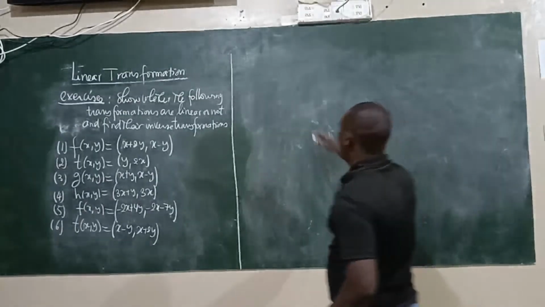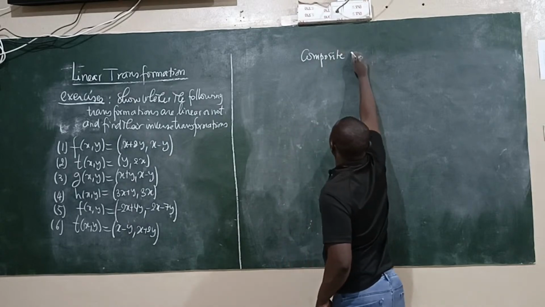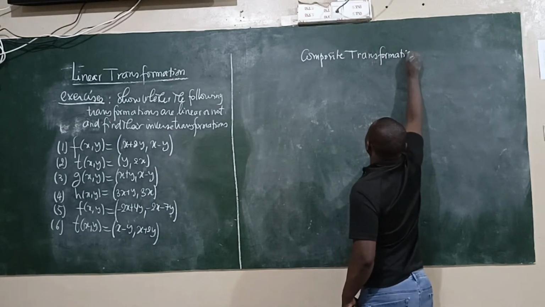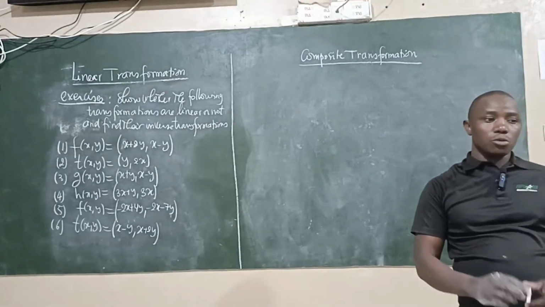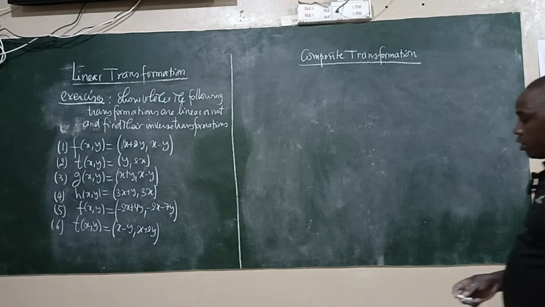The composite transformation. This also can be done in two different ways, of which one of them is going to be the use of matrix, while the other will be done in the way I'll be showing you.